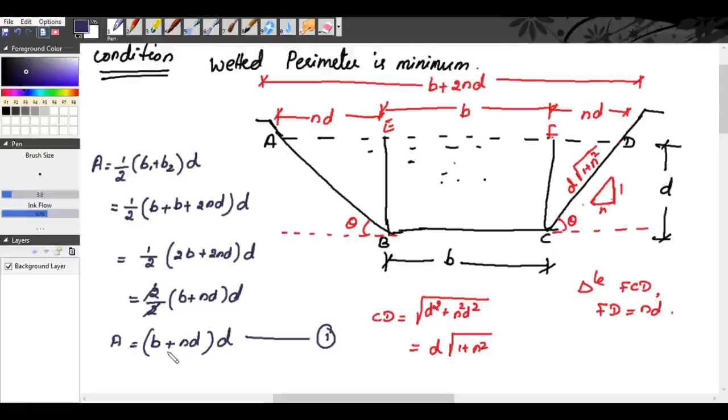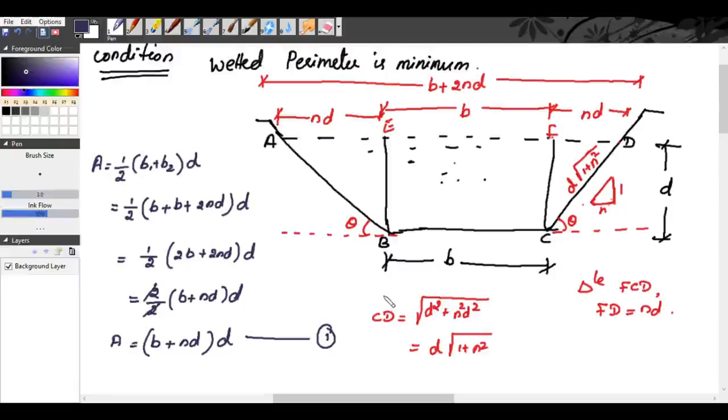Area is equal to B plus ND multiplied by D. Okay. So this B plus ND multiplied by D will give you the area of the trapezoid.